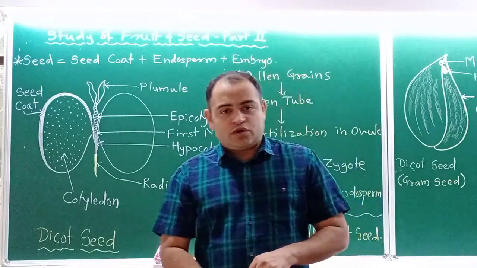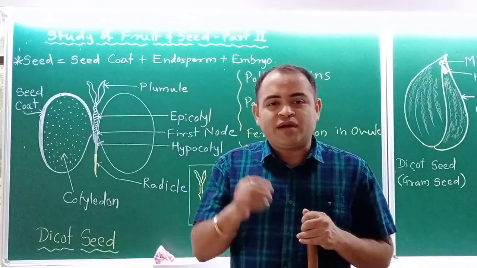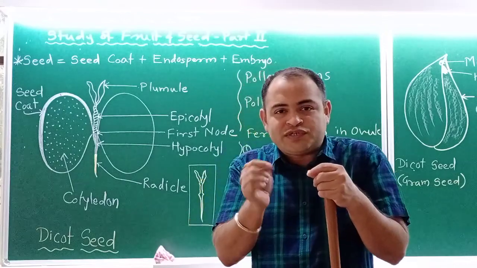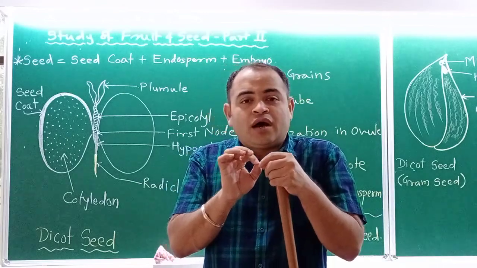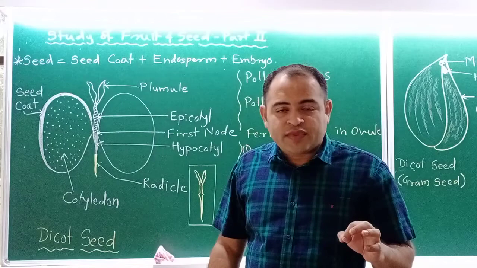We sprout moth beans and make usal from them, right? After sprouting, the outer covering, which is greenish brownish in color, is nothing but the seed coat.